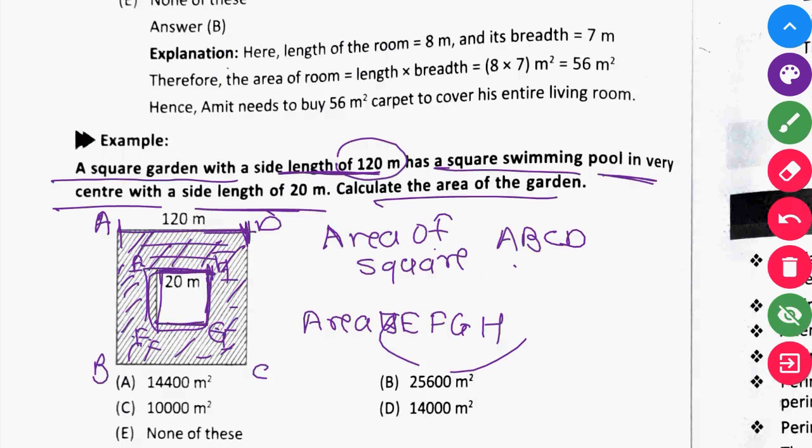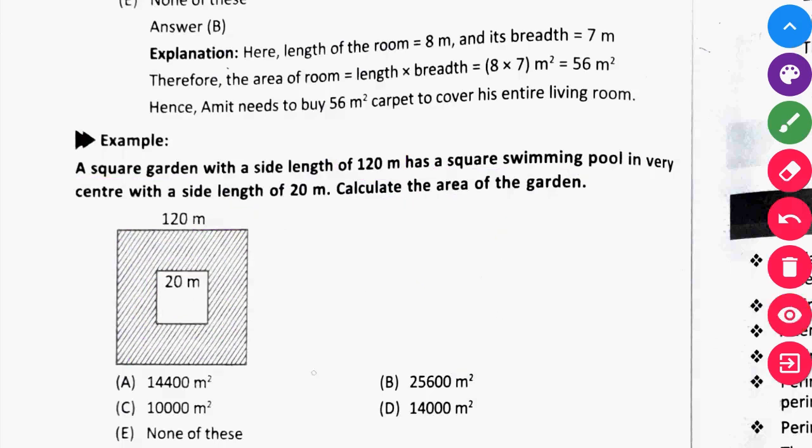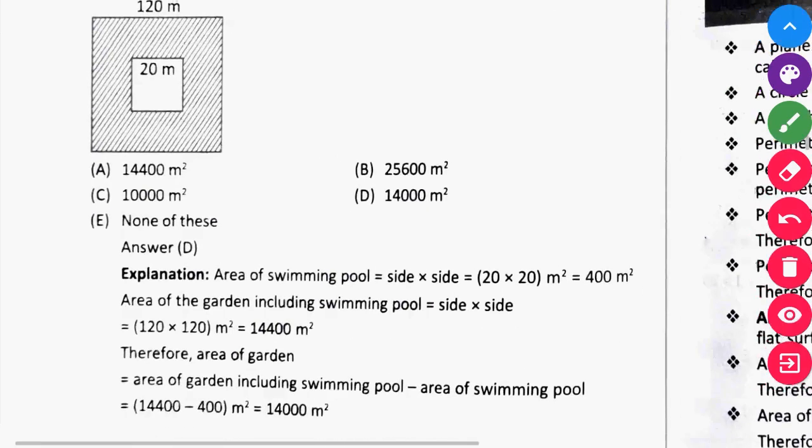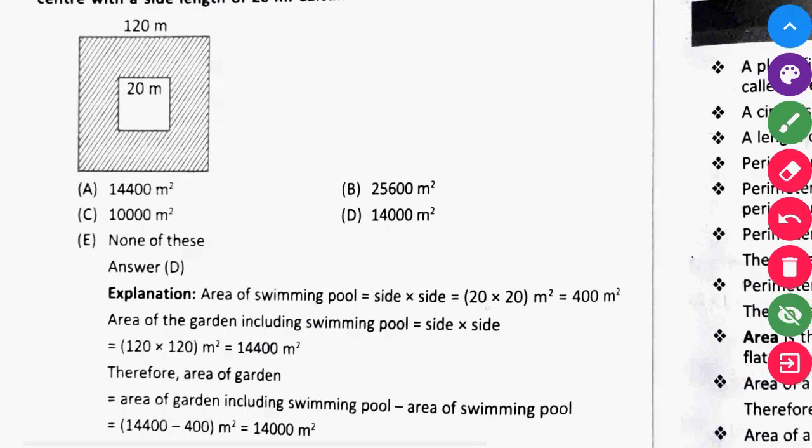Here we don't subtract the length 20 m from 120 m, because it will give us a false result. So first find the area of the big square, then the inner square, and subtract the smaller portion from the major one. See, it is a solved example, so it is already given. The area of the swimming pool is side squared, that is 20 into 20, so it is 400 meter square.